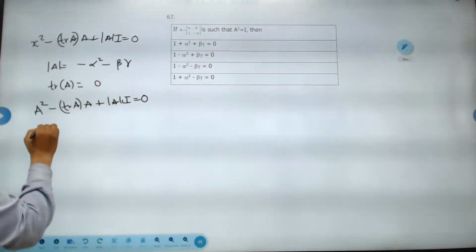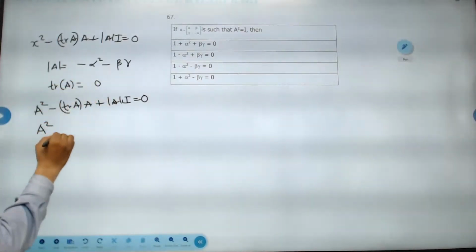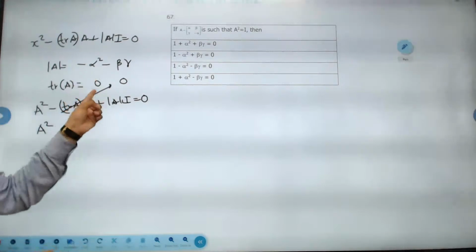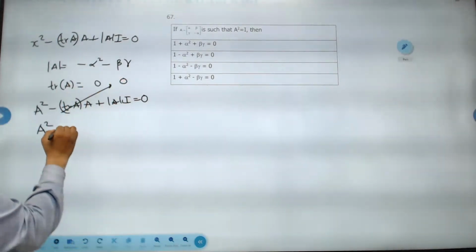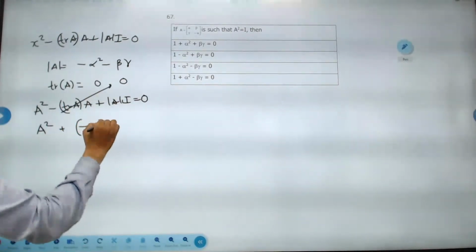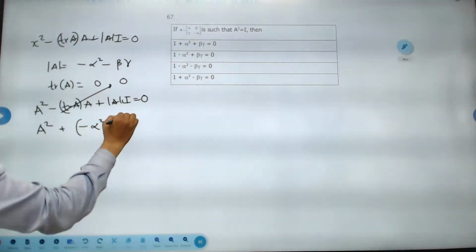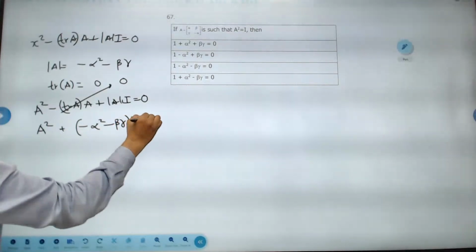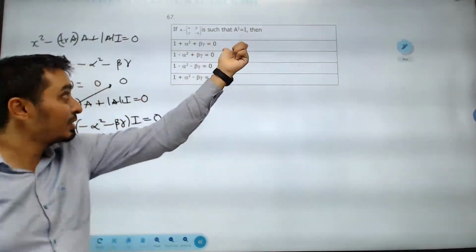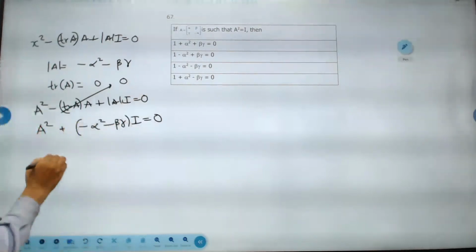So in A square, the trace term becomes 0 because trace A is 0. And det A we have found is minus alpha square minus beta gamma, into I. So it is A square plus minus alpha square minus beta gamma I equals O. Now they have mentioned here that A square is I. This may not strike you, but you have to substitute A square as I here.